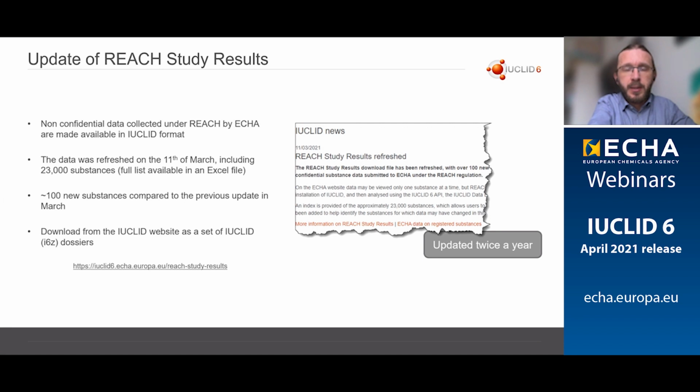They have been updated on the 11th of March, and this is part of an update that is done twice a year, once in March, once in September. So please go to the website if you want to access this data.